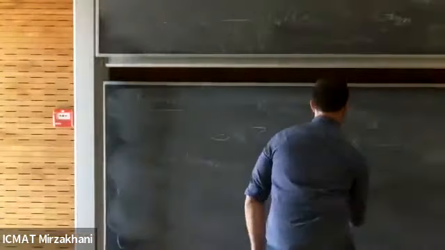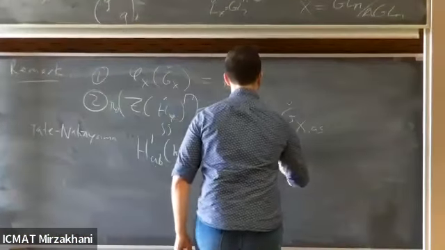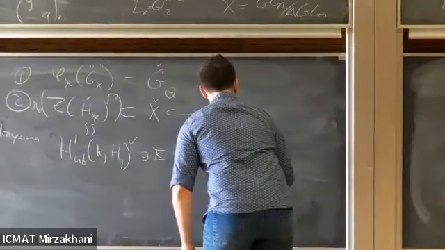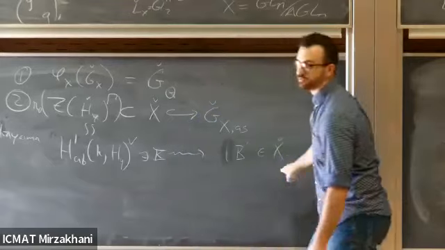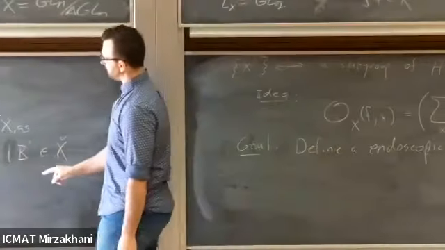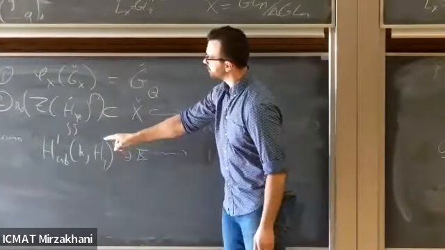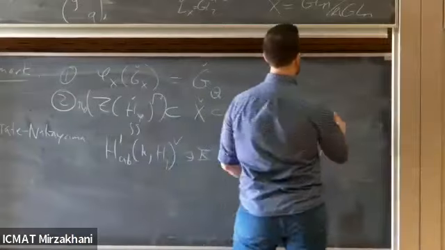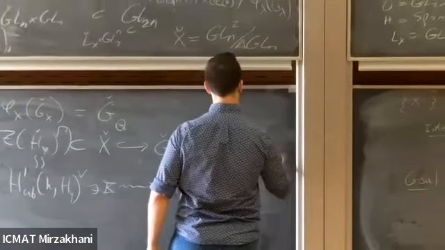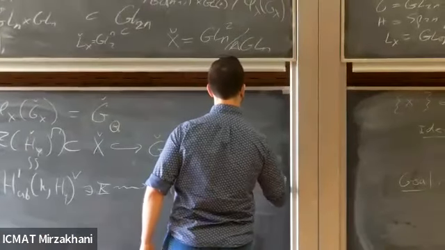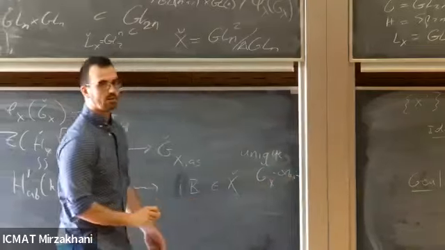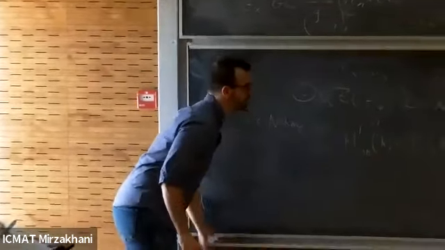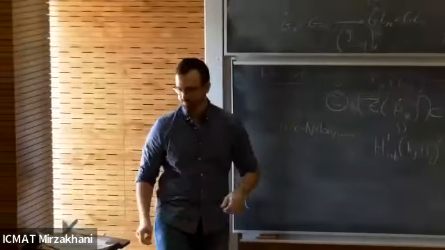So given a kappa, we obtain, maybe I'll call it kappa prime, an element of this complex dual symmetric space. And this process, you may be concerned, will end up giving a unique Galois stable G_X check orbit on that symmetric space. And so that's the key observation.